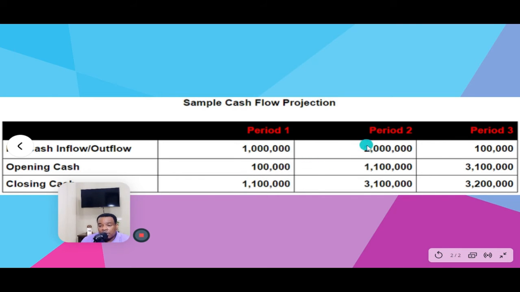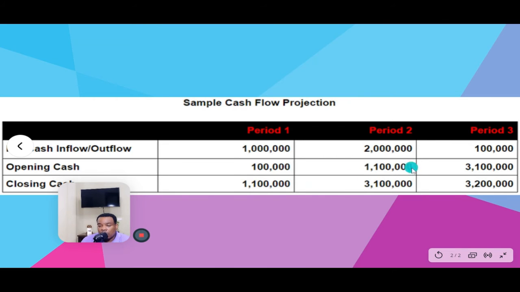In period 2, again hypothetically, I've worked out my net cash inflow to be $2 million. Interestingly now, this opening cash comes from my closing cash from the previous period.